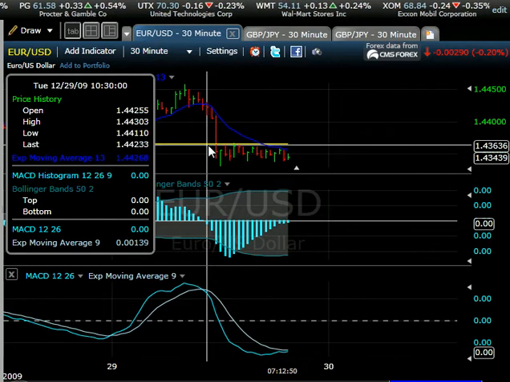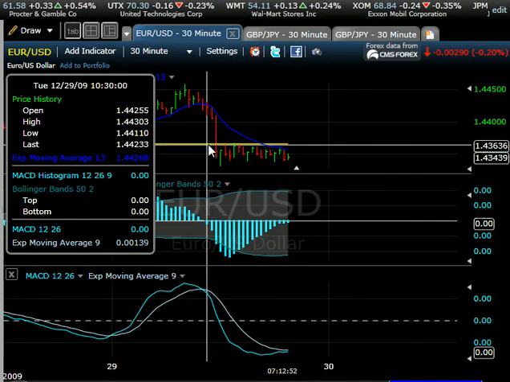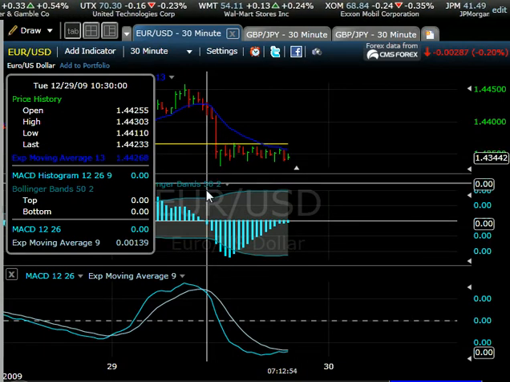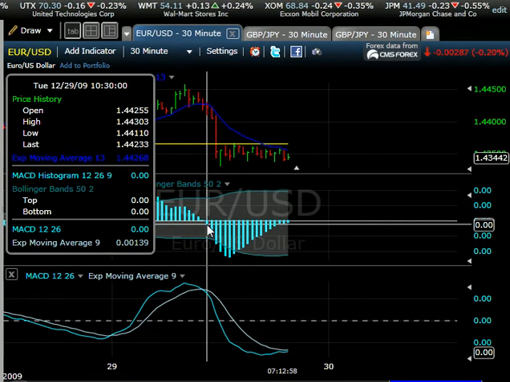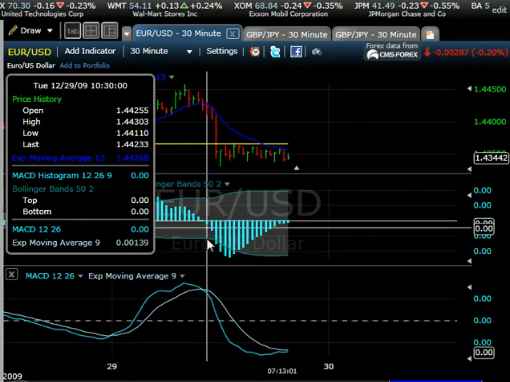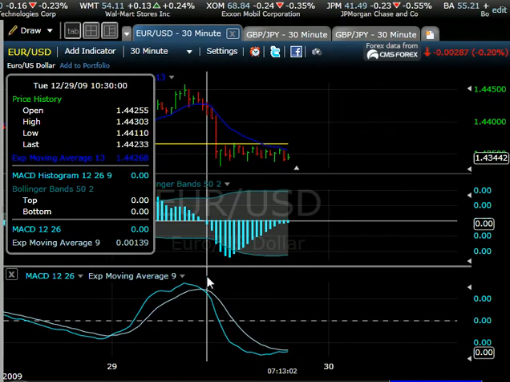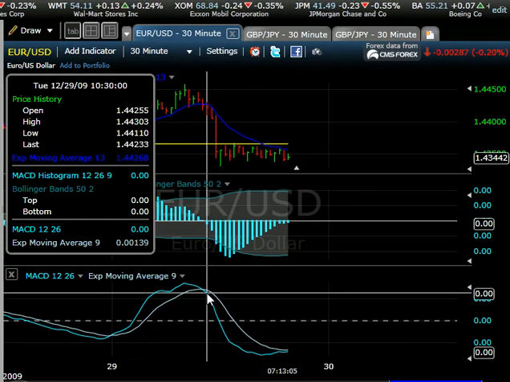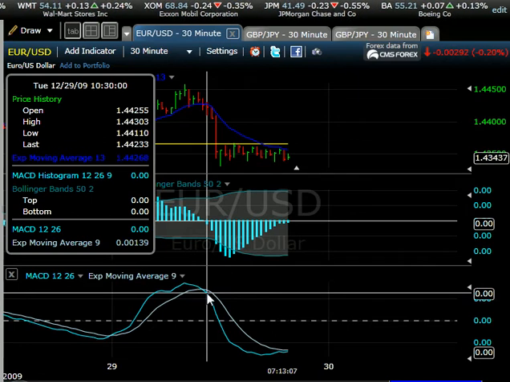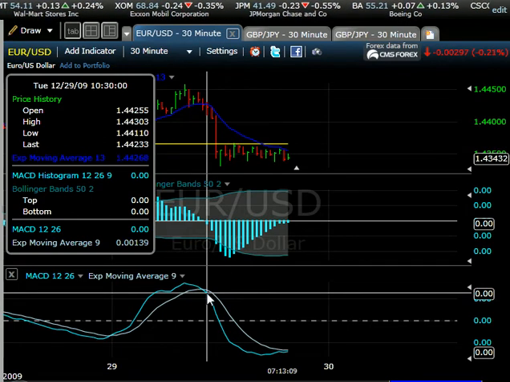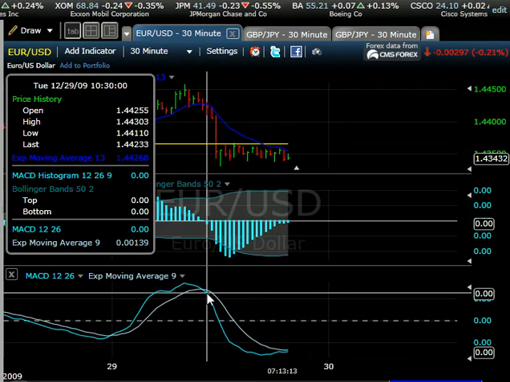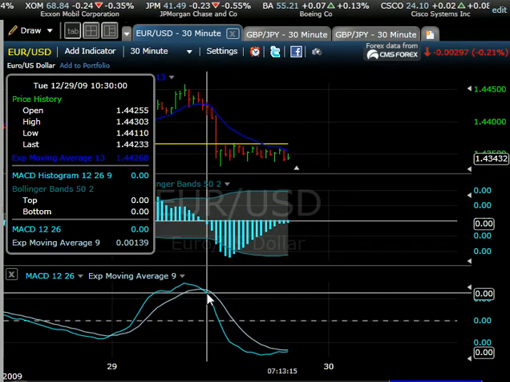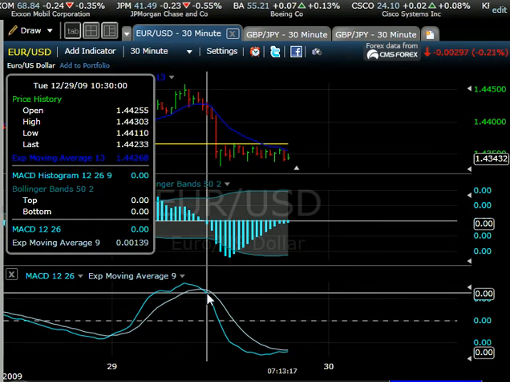You got the histogram, MACD histogram, right here, breaking below zero, going to the negative side. And if we go down a little further, you can see that the faster on the MACD, the faster moving average broke below the slower moving average, indicating that there's going to be some price movement to the negative side going down.